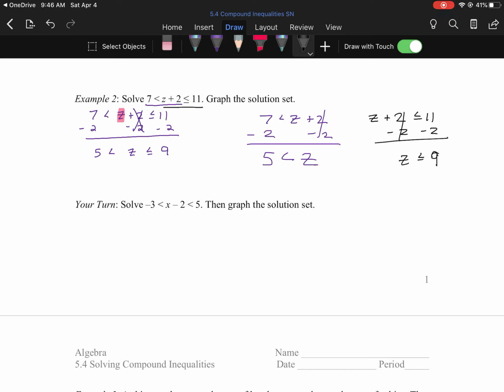So if you look, and sorry, I erased my 9 accidentally, we ended up getting the same answer: 5 is less than z, and z is less than or equal to 9. We got both of them. So go ahead, try the your turn, and then come back and solve.